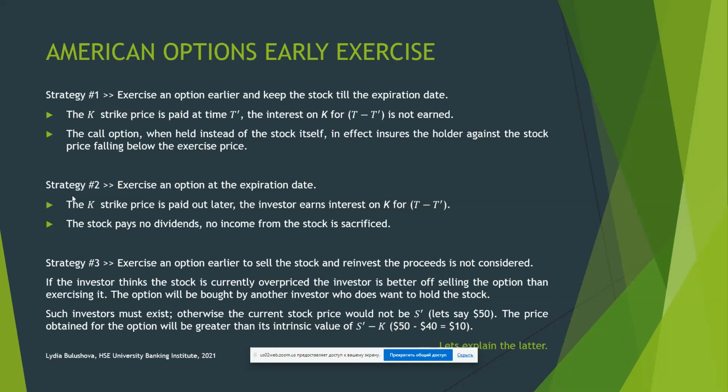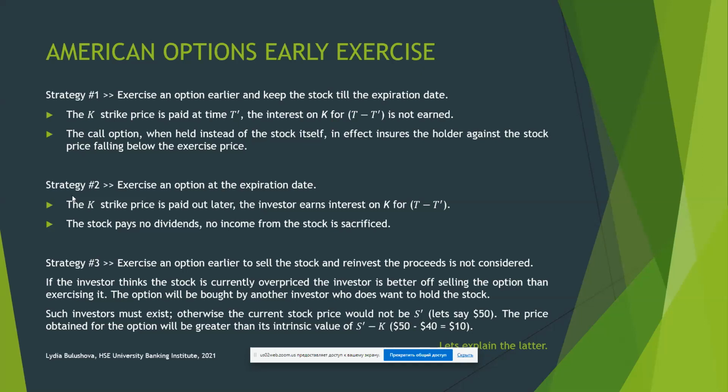But if I'm not going to sell the stock, it's better selling the option than exercising the option. Because if the option is liquid, if there are other investors and they share my belief that the stock is overpriced, the option will be bought by another investor who doesn't want to have the stock.